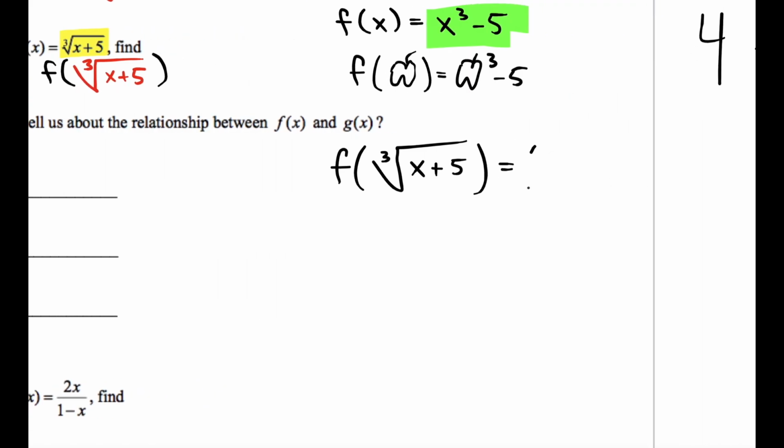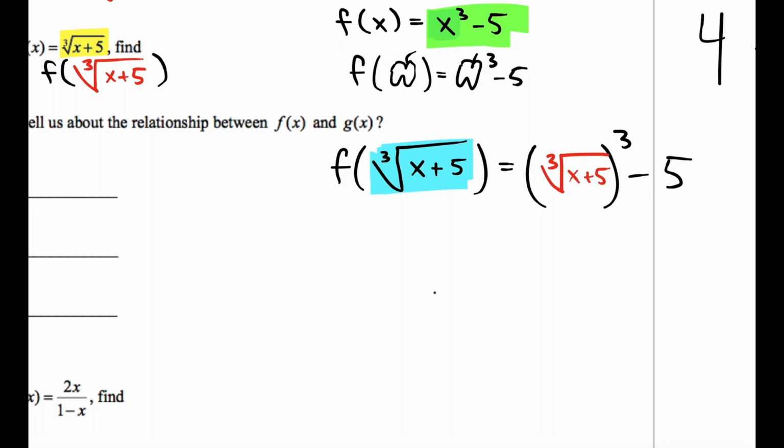All we need to do is put parentheses where the variable was in the original. So see right there, there was something cubed minus 5. It's not apple, but it's this formula. So that's what needs to go in the parentheses.